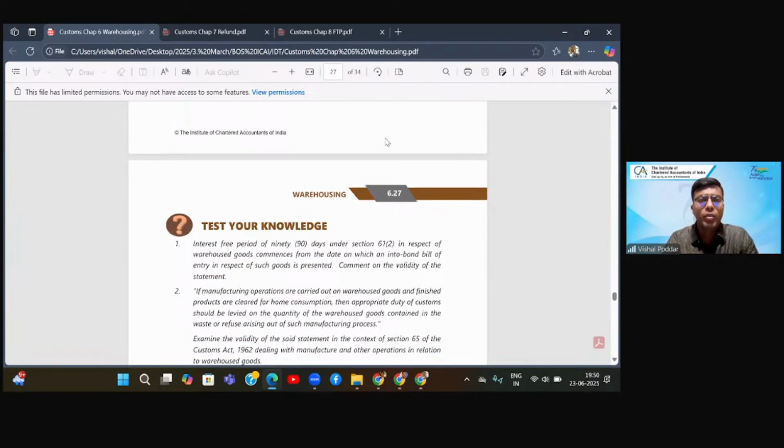Yes, Beta Swaminathan, you had raised your hand. Yes, sir. Sir, on the warehouse, when we store the goods in the warehouse, what facility of manufacturing do we have? Yes, the manufacturing facility. Correct. Can you go up to the slide, sir? One more slide, the 2.26.